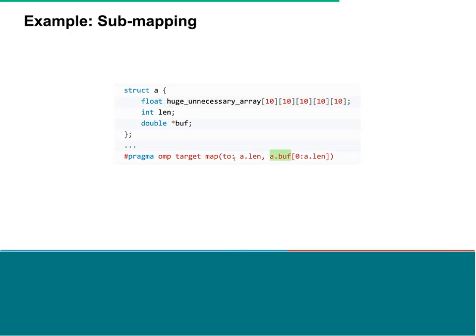So in this case, the compiler would be allowed to generate a new struct on the device that only contains len and buff and use that as the mapping. The additional bit of syntax here is that a.buff with an array section means both map the array section itself and attach it to A, or a.buff rather, such that when A is used on the device, the buff pointer points to the device array appropriately.